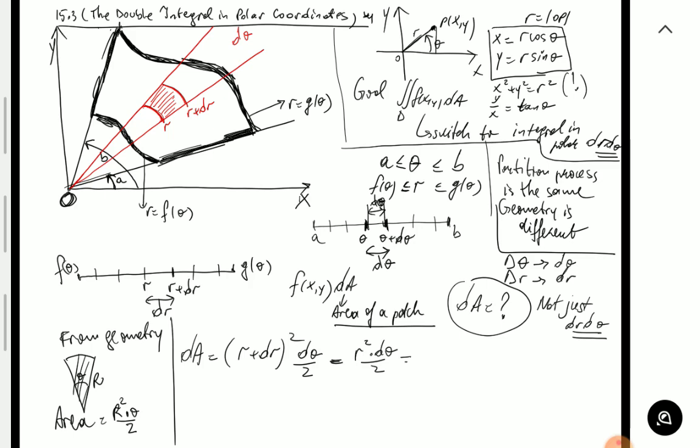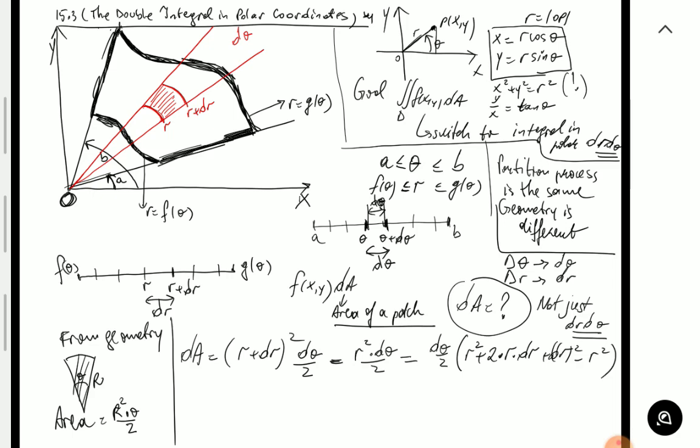So let's do a little bit of computation here. We can factor out d theta over 2. Square this, expand this parenthesis, so it's r squared plus 2 r dr plus dr squared, and then minus r squared.